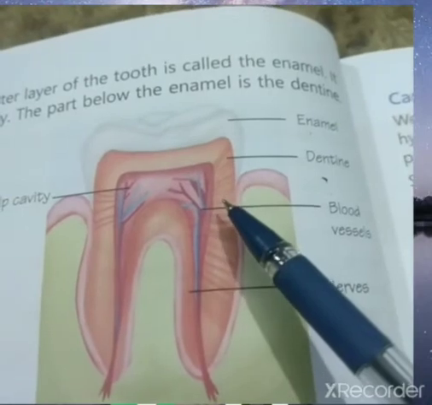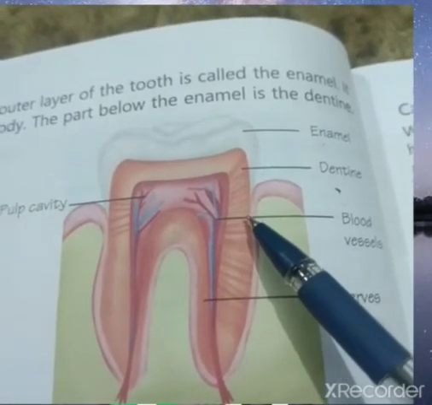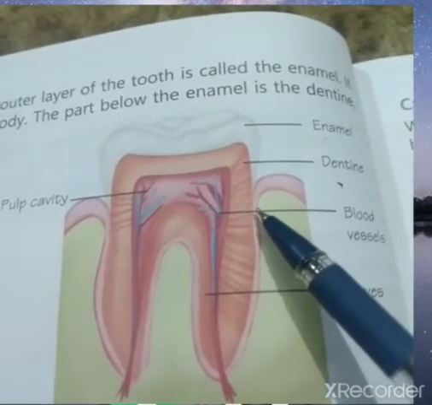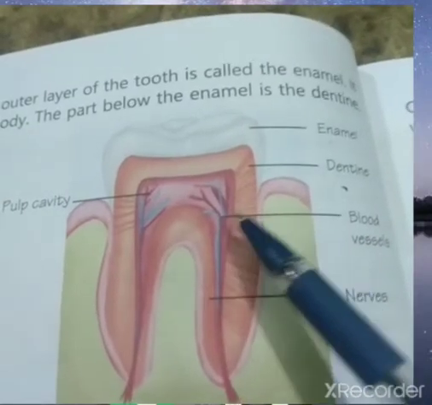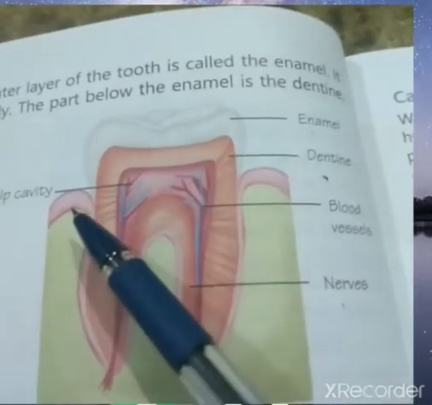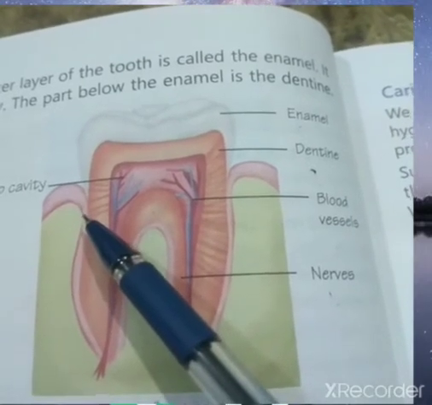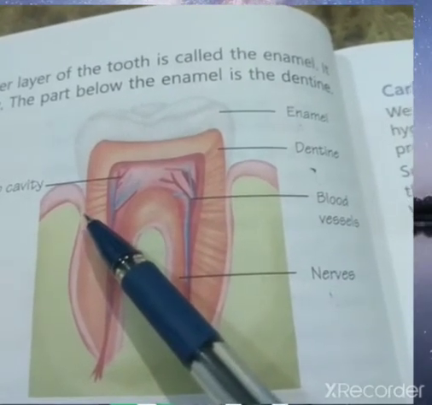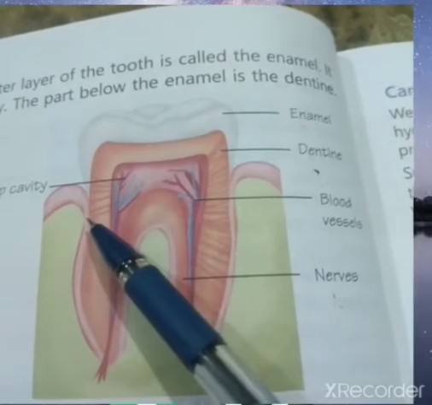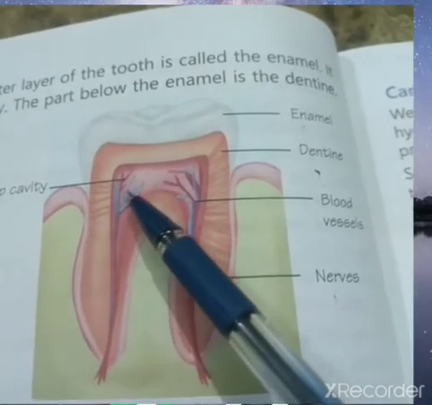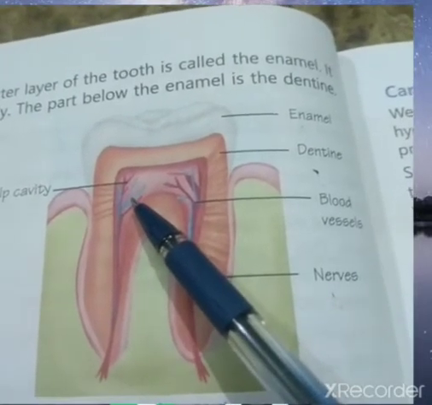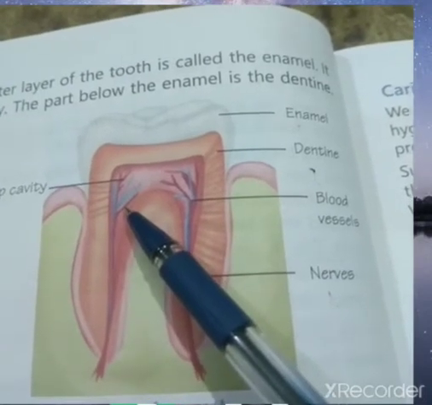The part of the tooth which we look at is called the crown, and this is the pulp cavity. The center, soft part of the tooth is called the pulp cavity. It has blood vessels and nerves in it.